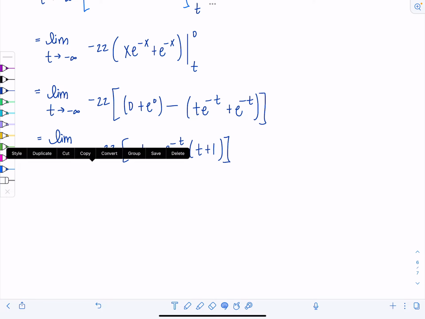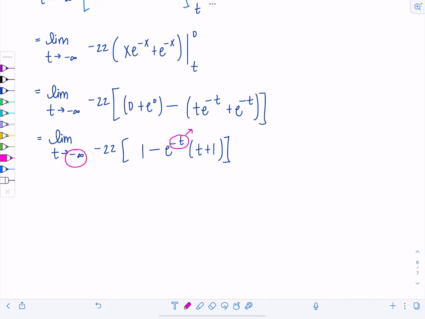So if t is going to negative infinity, negative t is approaching positive infinity, and e raised to the infinity, we all know what the graph of e to the x looks like, right? It's like this. So this whole term right here is approaching infinity. And then t is going to negative infinity, plus 1, that's going to negative infinity.